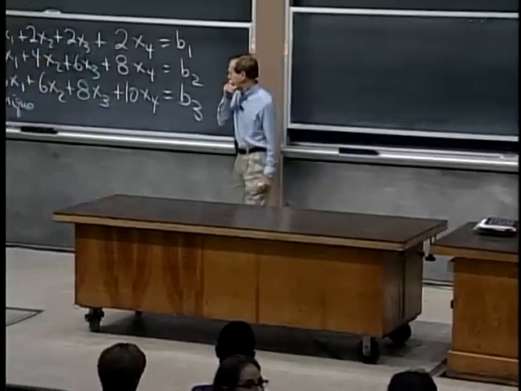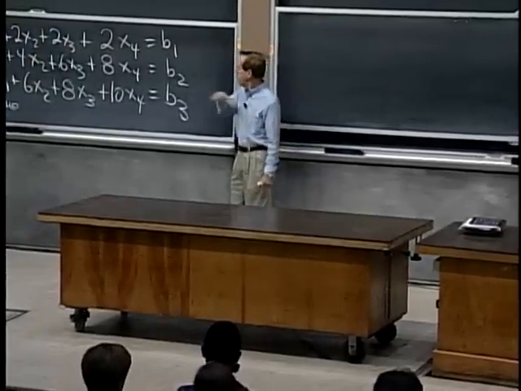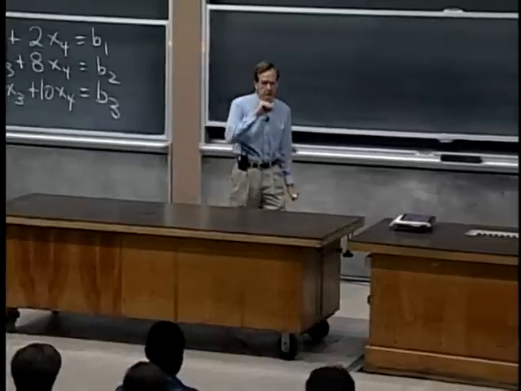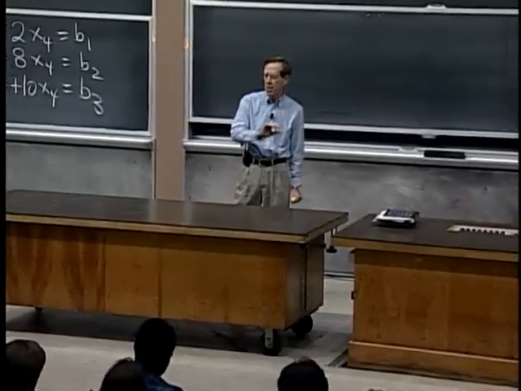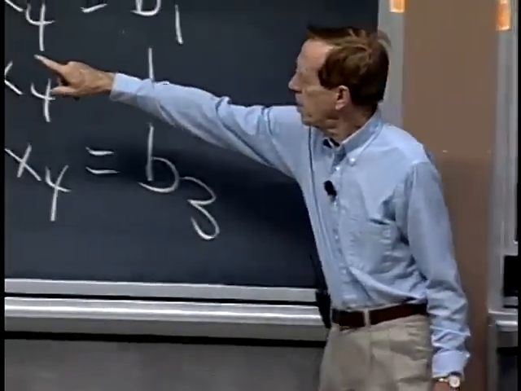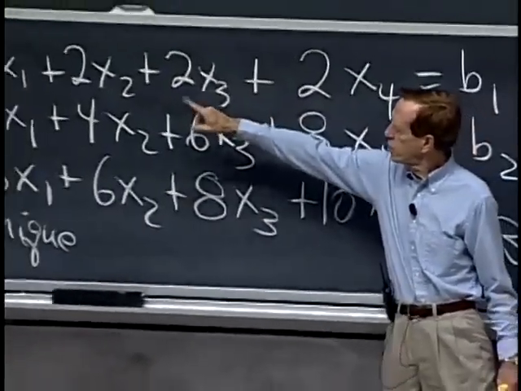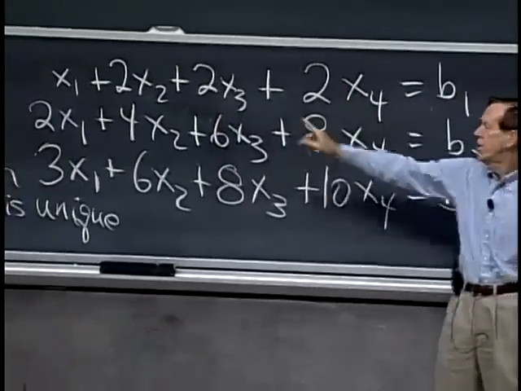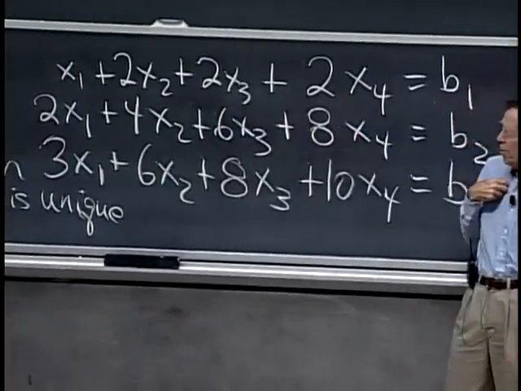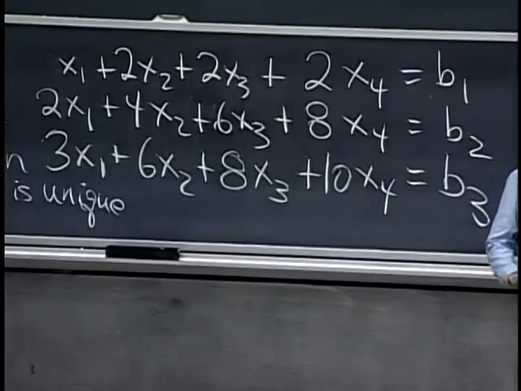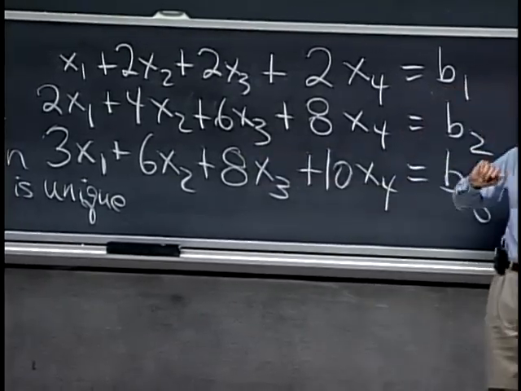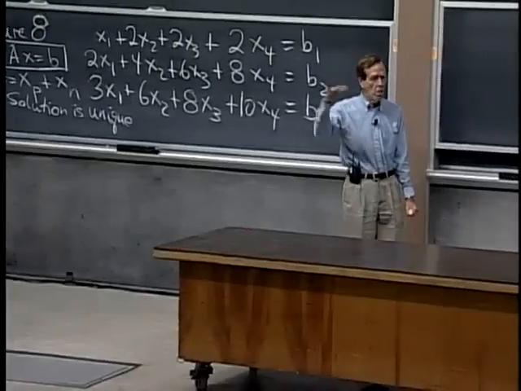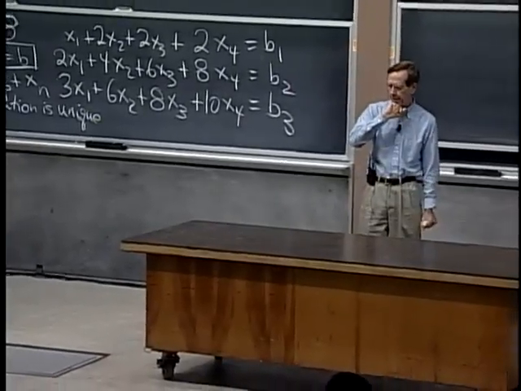Okay. Can I use as an example the same matrix that I had last time when we were looking for the null space? So the matrix has rows 1, 2, 2, 2, 2, 4, 6, 8, and the third row, 3, 6, 8, 10, is the sum of row 1 plus row 2.